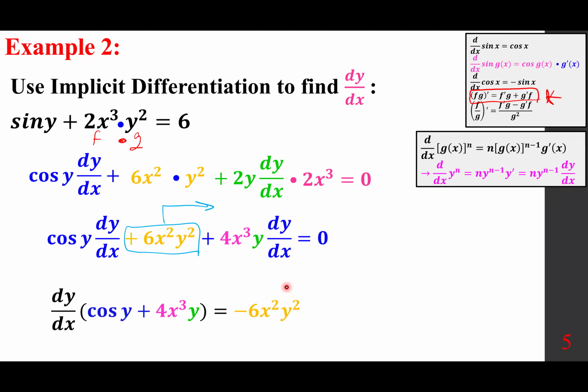So all we have to do is divide both sides by the parentheses, that's dy/dx, and we are done. dy/dx is the right side, negative 6x squared y squared over the parentheses cosine y plus 4x cubed y.